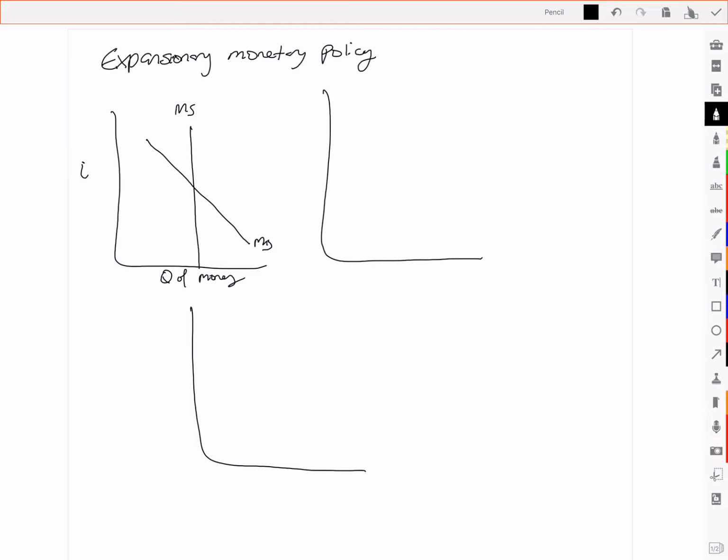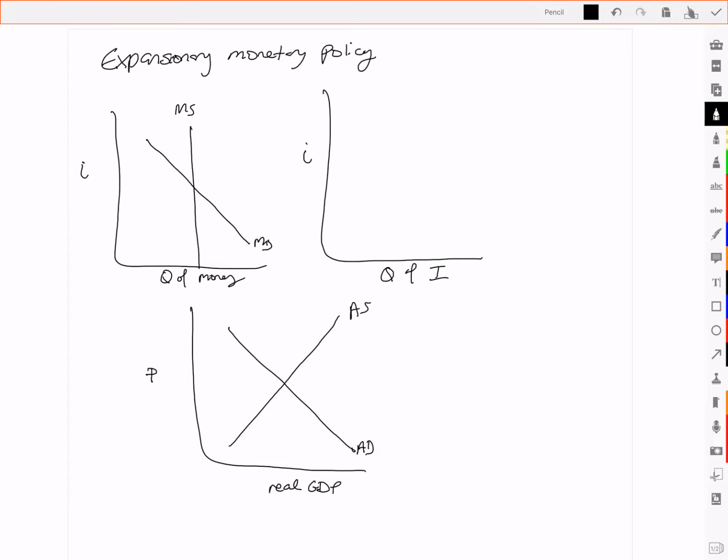Then we're going to have a second graph, with interest rates on the vertical and quantity of investment spending on the horizontal. Then we're going to have our aggregate demand and aggregate supply on the last graph, where we have our prices and our real GDP. Okay.